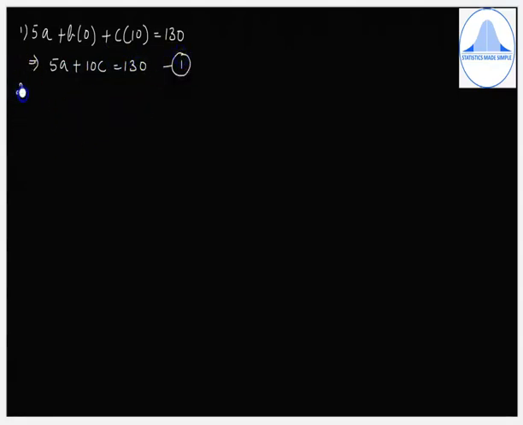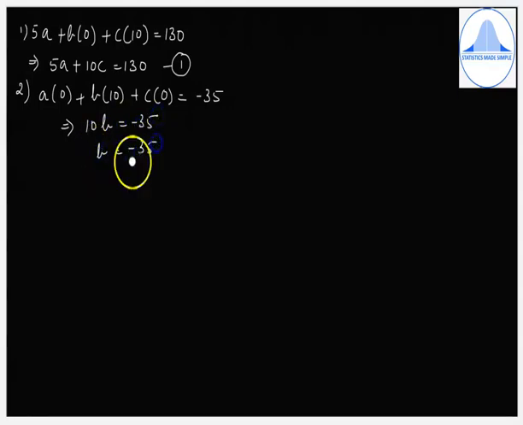Then in the second normal equation, you'll get a into 0 plus b into 10 plus c into 0 is equal to minus 35. So which implies 10b is equal to minus 35, or b is equal to minus 35 divided by 10, which is equal to minus 3.5.